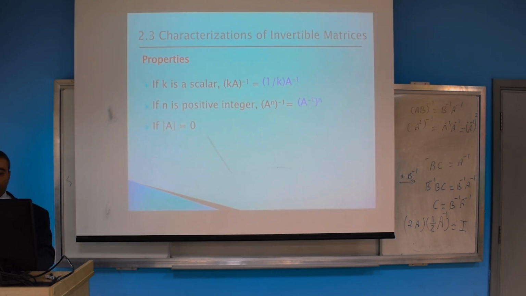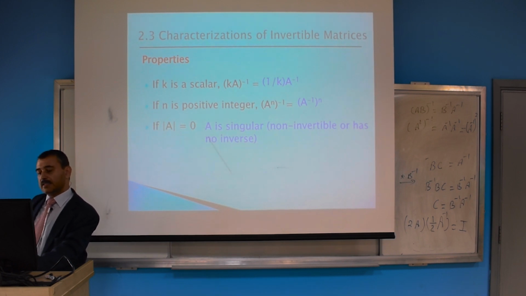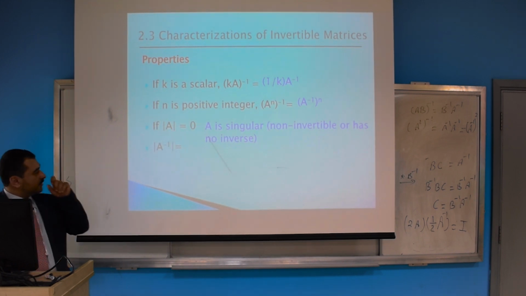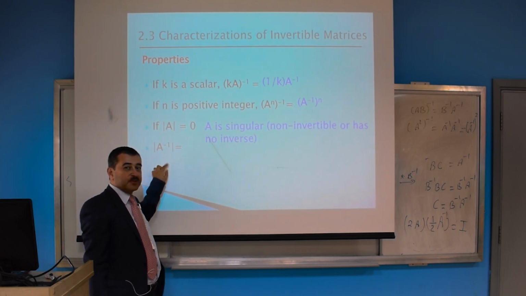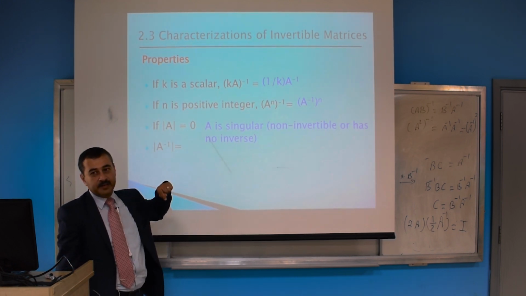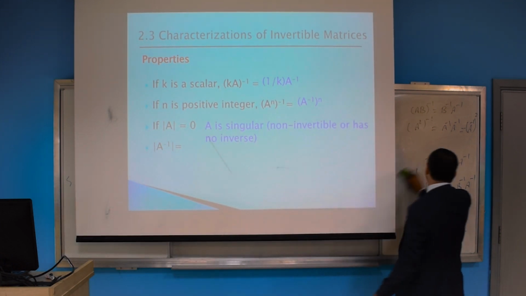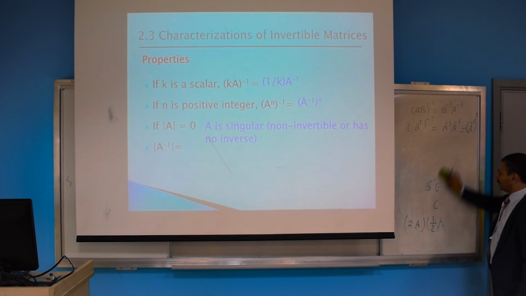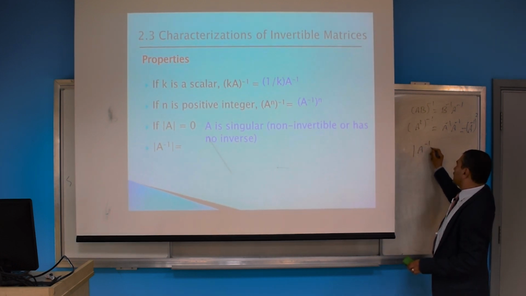If the determinant of A equals 0, then the matrix has no inverse; it is non-invertible, or a singular matrix. Is there some relation between the determinant of the inverse of A and the determinant of A?